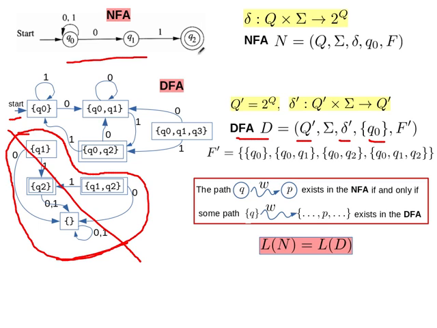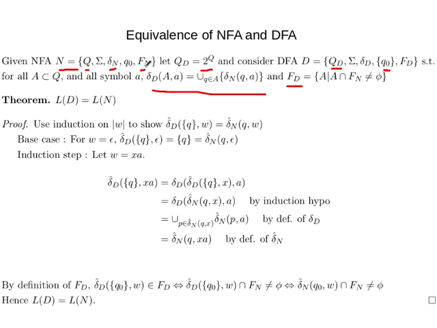So if this corresponds to F_N, we want all those A's, where A is some subset of Q, to be final states in the DFA if they contain some element of F_N, right?